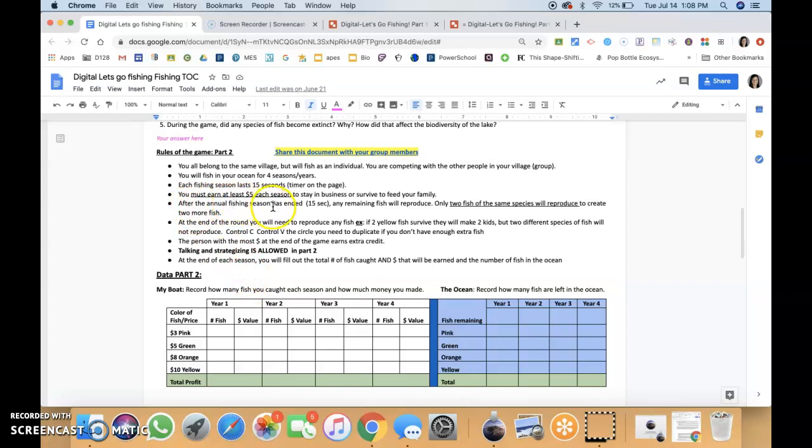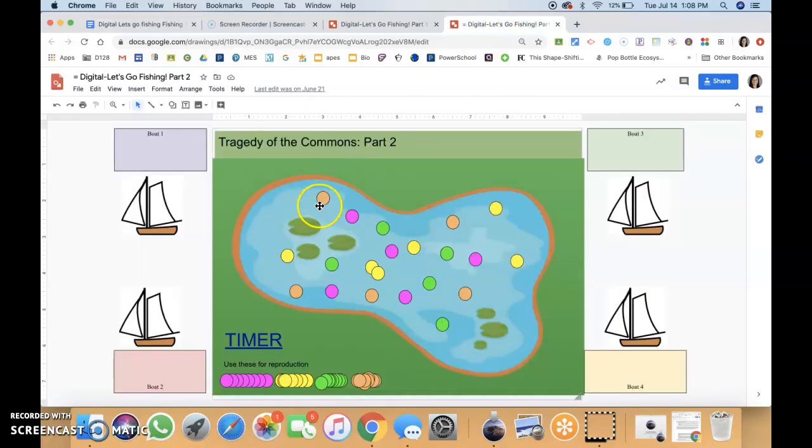After the annual fishing season has ended, so after the first 15 seconds has ended, any remaining fish are actually going to reproduce. The way fish reproduce, there has to be 2 of them of the same exact species to make 2 more fish. So if we take a look here, if this orange guy survives and this orange guy survives, these two fish can reproduce and make 2 new orange babies.